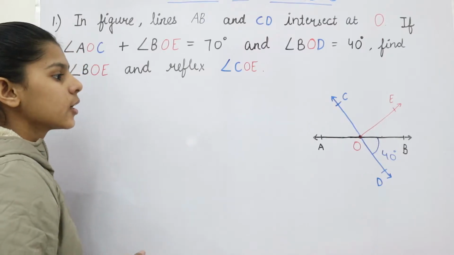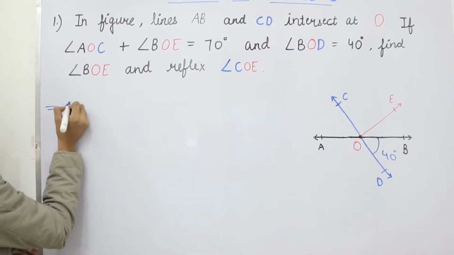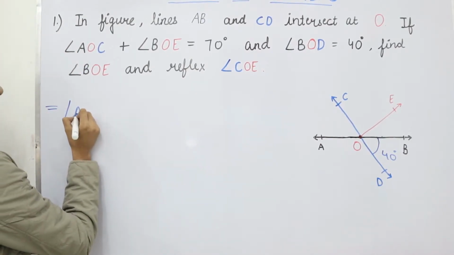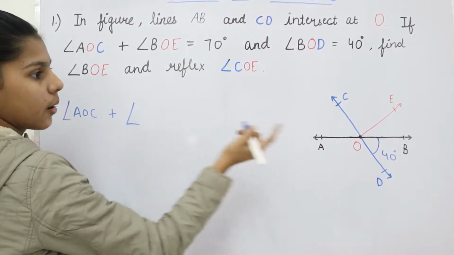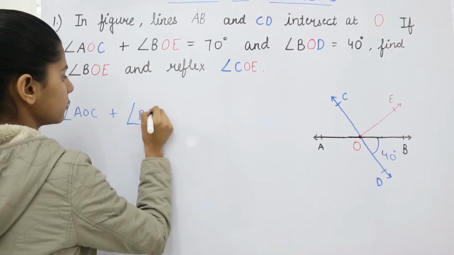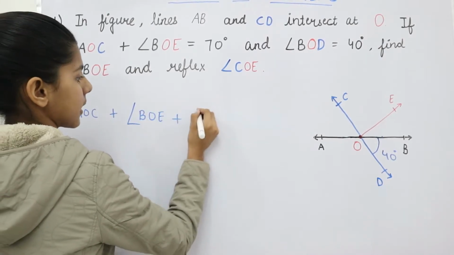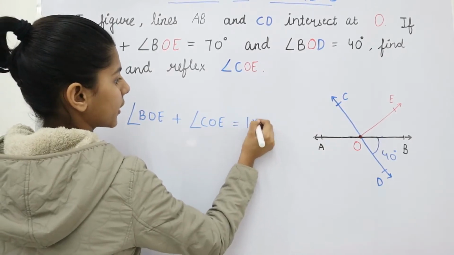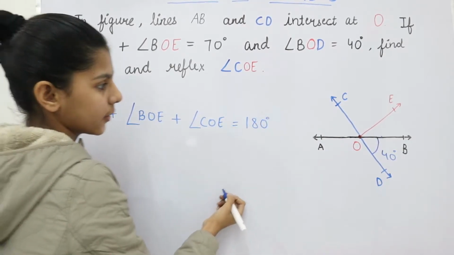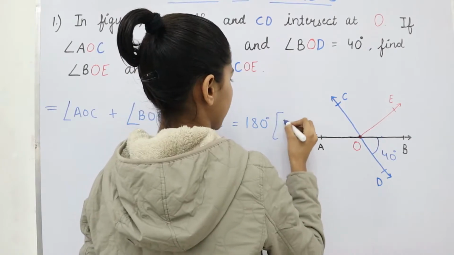We can write angle AOC plus angle BOE plus angle COE is equal to 180 degrees. Why? Because of linear pair.